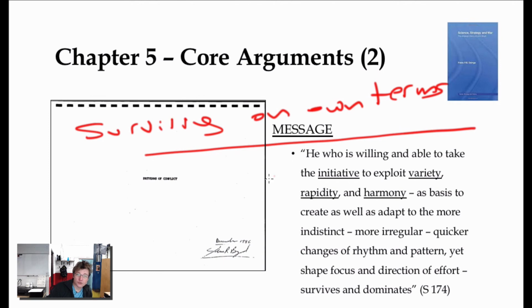That requires us to use initiative, to recognize variety, the changes in tempo and rhythm within the environment, and respond appropriately. But not just to respond, but to shape our environment, to shape our focus, our direction of effort, to shape our Schwerpunkt. All of this is critical in understanding Boyd.